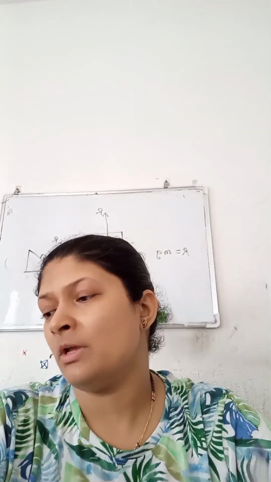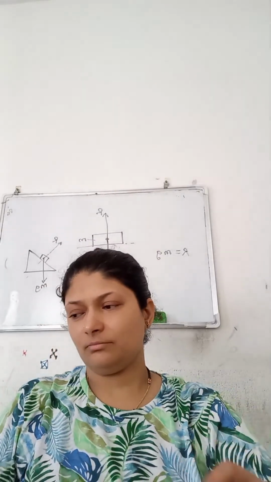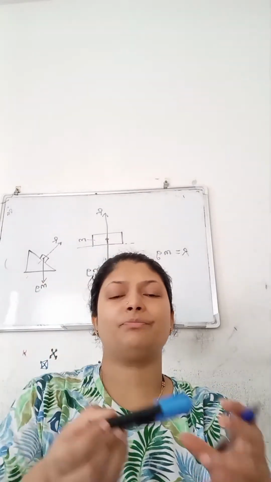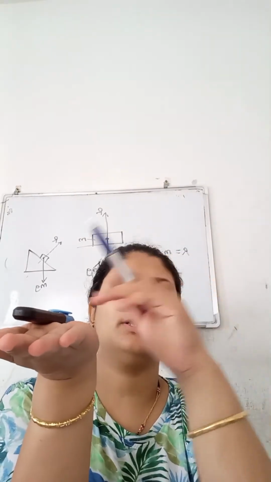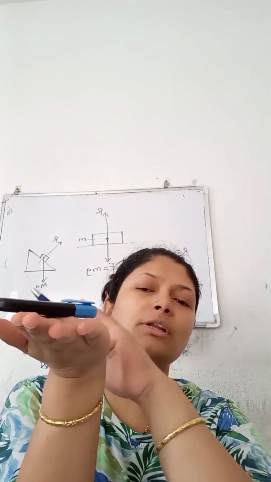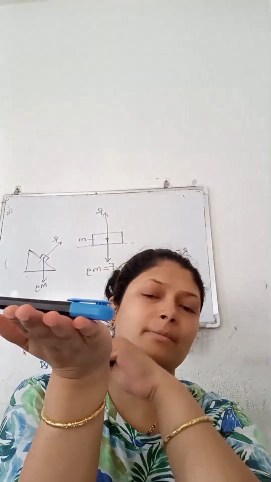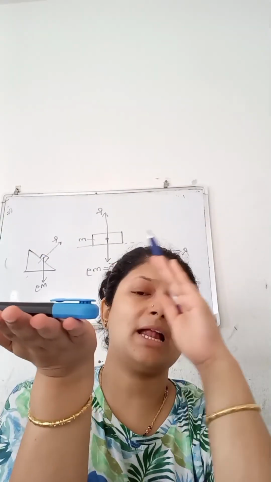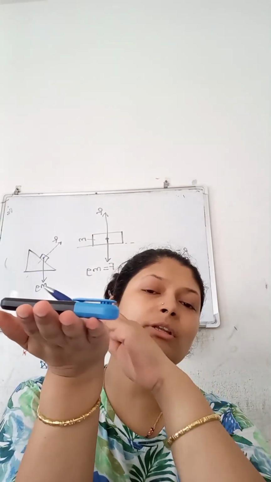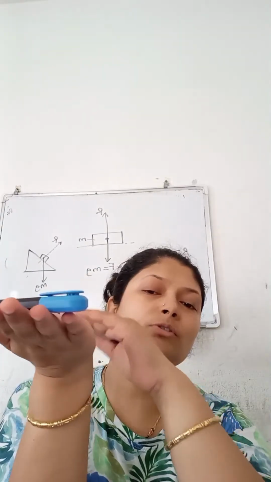Suppose I have this highlighter with me, and I am keeping it over here, and I am applying force over here. This highlighter is moving. If I am moving it with my hand, my hand is applying force on it.